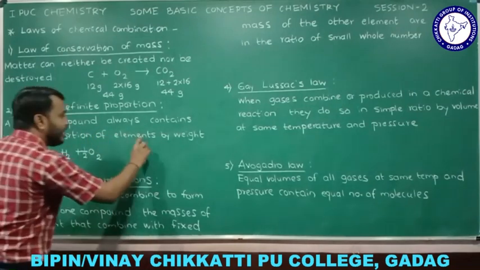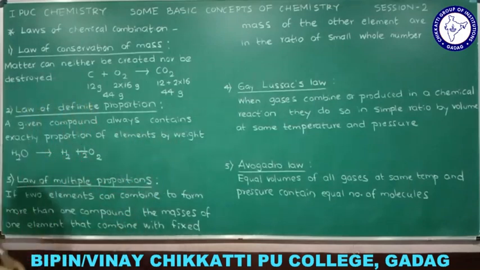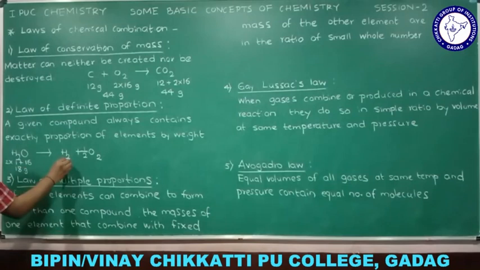Remember, we are talking about elements by weight here. So again I am going to calculate the molecular mass and atomic mass. Hydrogen atomic mass is 1, and we have 2 hydrogens, so 2 into 1, plus oxygen, atomic number 8, atomic mass 16. Totally water has 18 grams. Hydrogen atomic mass is 1, we have 2 hydrogens, so here I can write 2 grams.